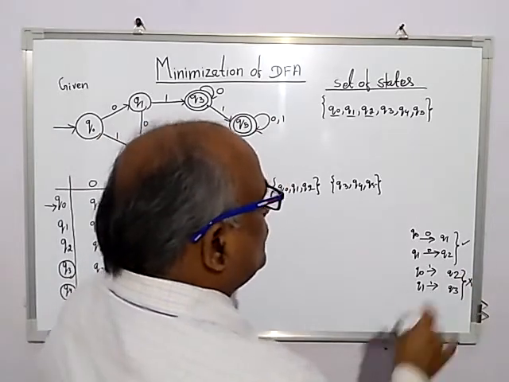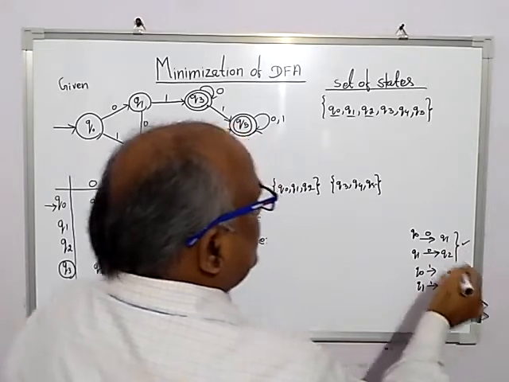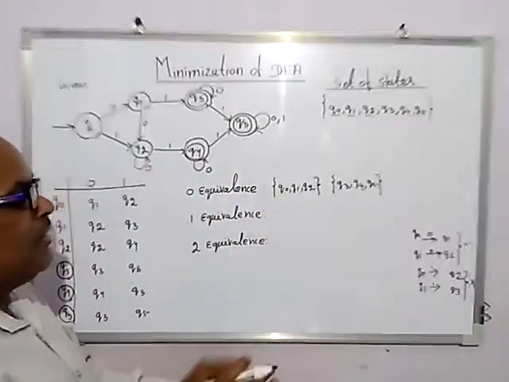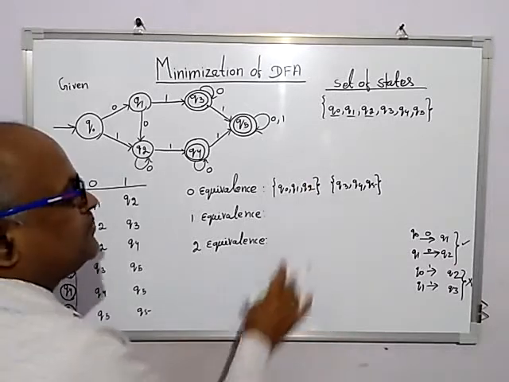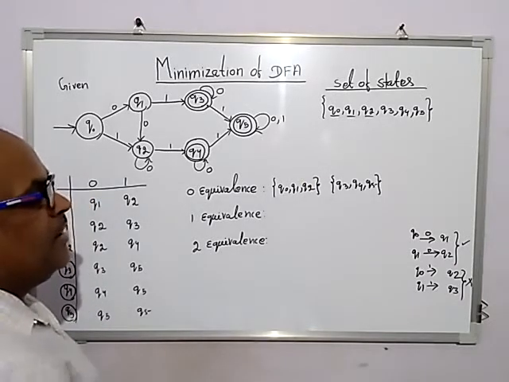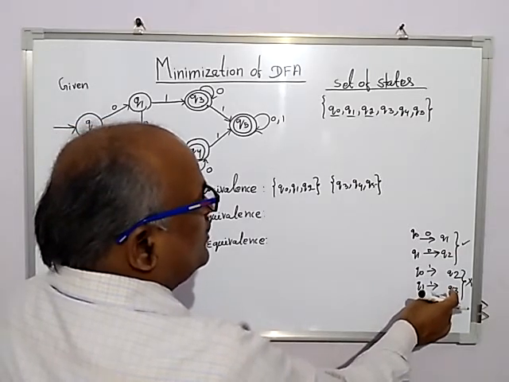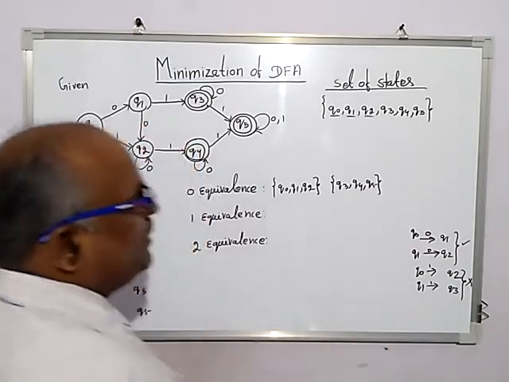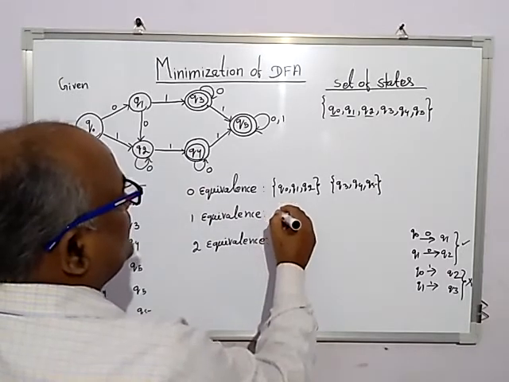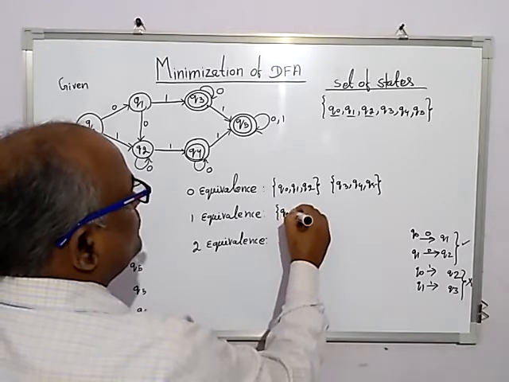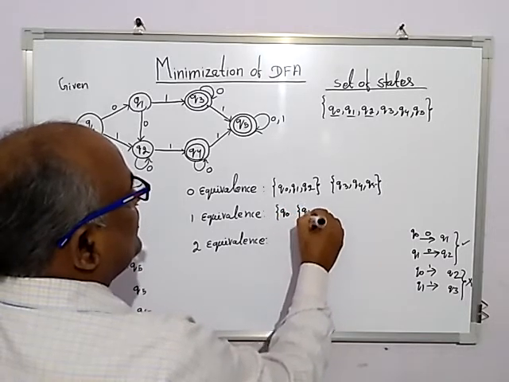If for 0 input the next states are available in the same set, and for 1 input the next states are available in the same set, then it is 1 equivalent. Since it is not true, Q0 and Q1 are not 1 equivalent. That's why we have to write Q0 and Q1 separately.